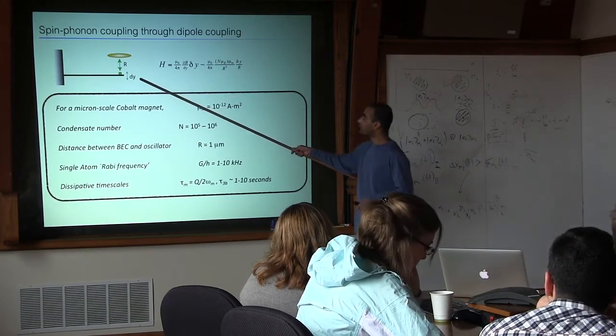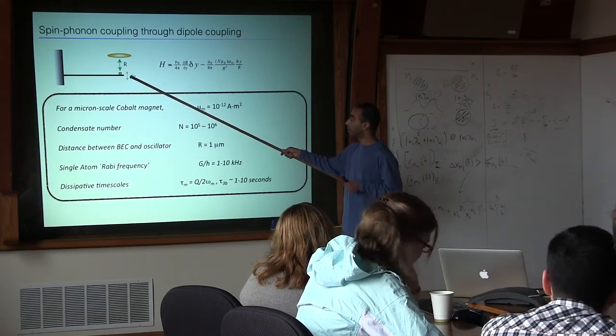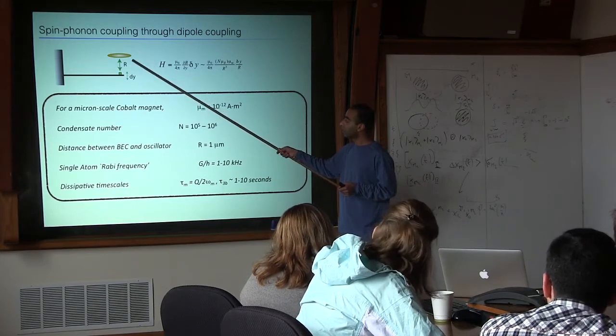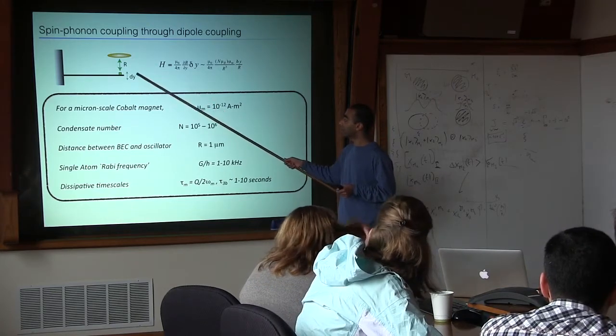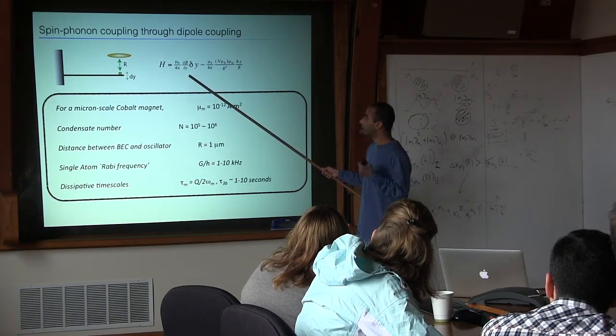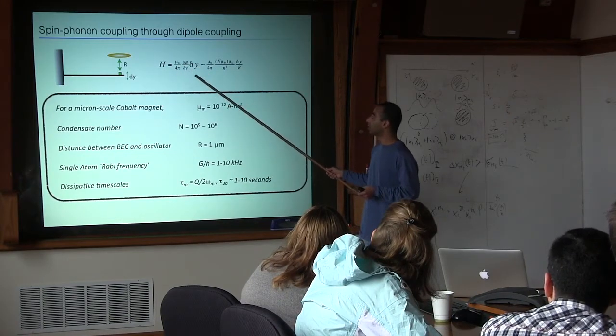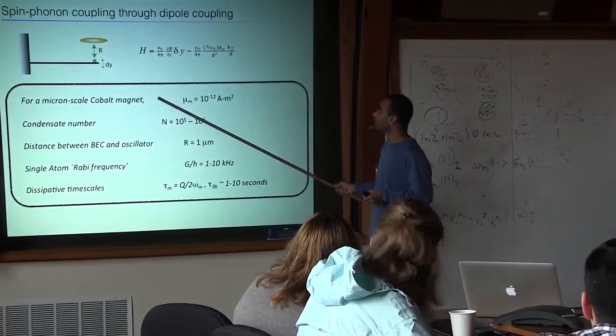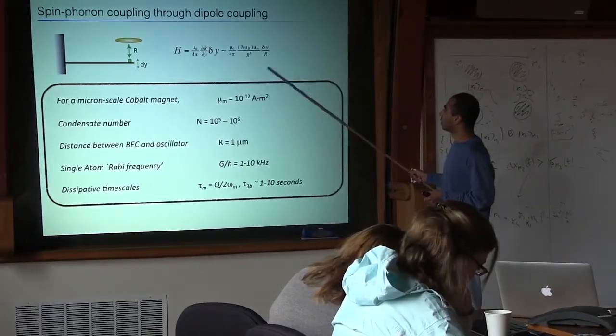Because this magnet is extremely tiny, spatially very localized, there's actually a substantial gradient at the location of the condensate, and as this moves around, the Zeeman coupling is essentially just mu dot B, and so we have a gradient term times the displacement of the membrane, and we end up with a term that looks like this.